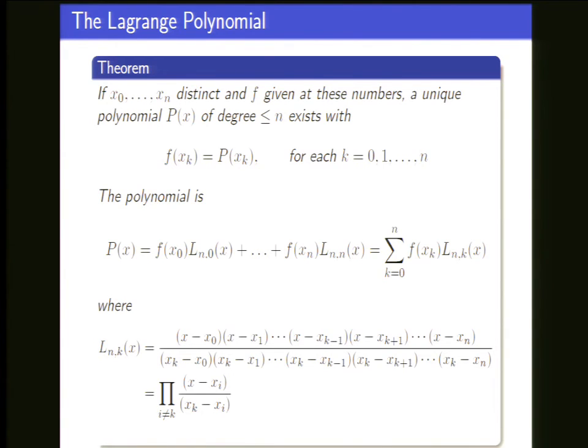I'm not going to interpolate anything right now. I'm just going to tell you that here's a 1, and you have to create the L's. There are going to be 3 L's, L2,0, L2,1, L2,2, right? L2,0 has the property that it's 1 at point 0 and 0 at all the other ones. And it's a quadratic polynomial.